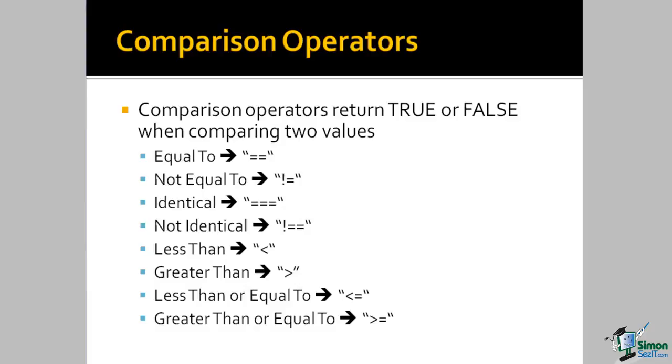And this is going to return a true or a false based on the values that are being compared. If by mistake, and it is again a very common mistake, when trying to compare those two values, you used an equals sign, that's always going to return a true.